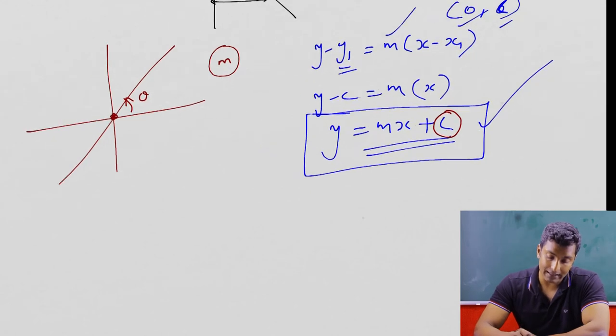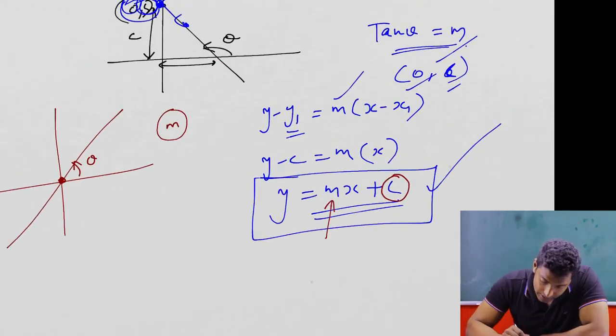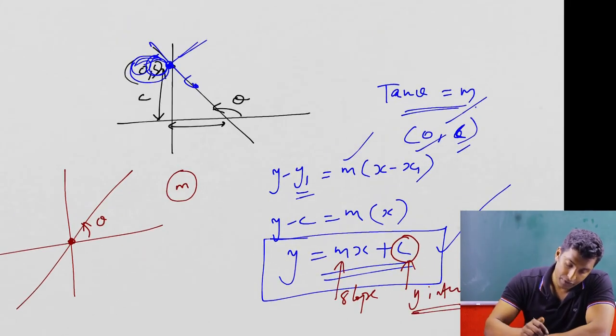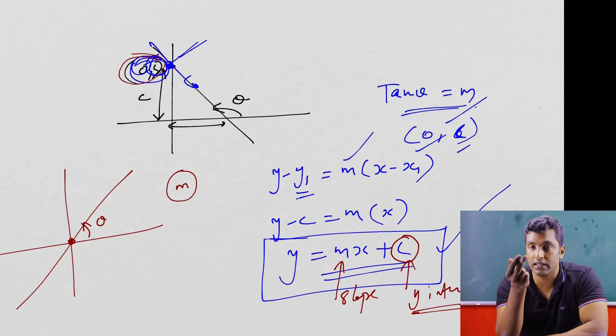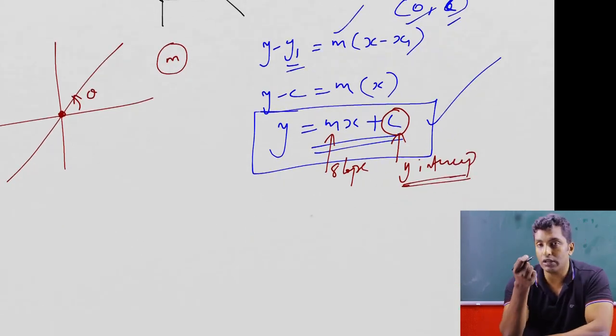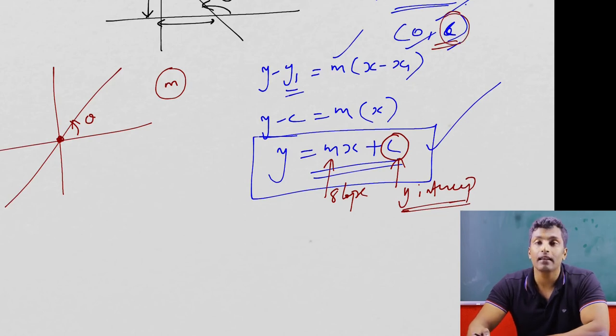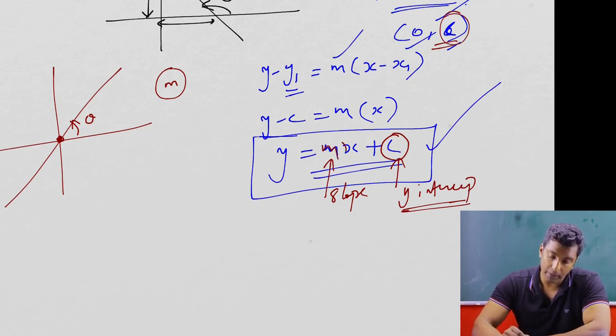In this equation, m is the slope and c is the y-intercept. And how did you get this y-intercept? From the coordinates of the point which is given. Once you got the point, you just see what is y, you get that it is c. Just put that in y equals slope into x plus c.